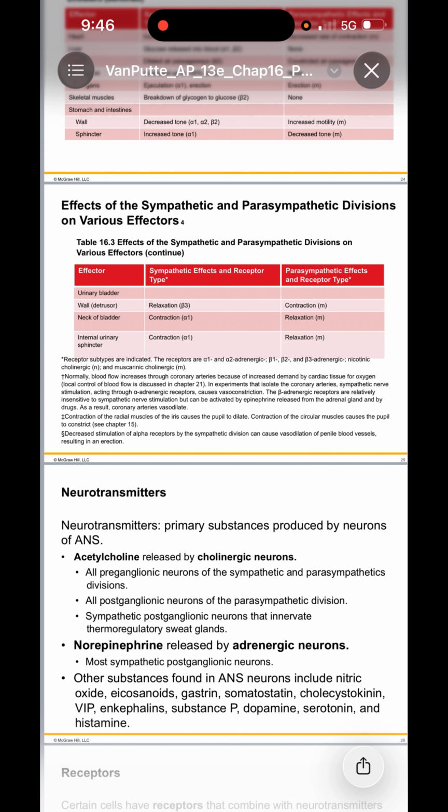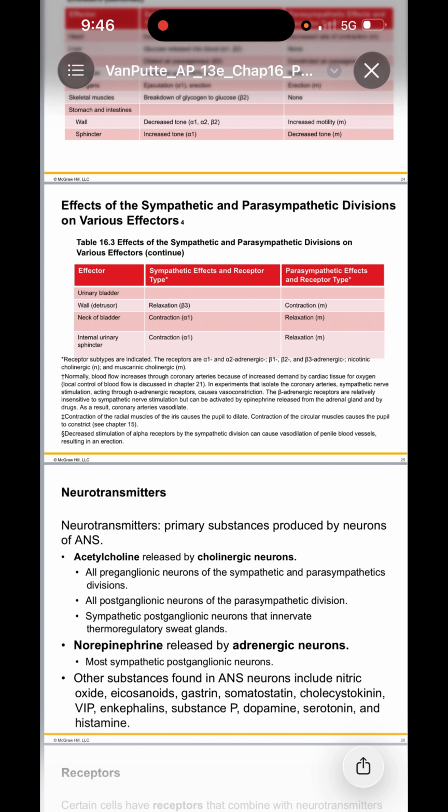Normally, blood flow increases through coronary arteries because of increased demand by cardiac tissue for oxygen. Local control of blood flow is discussed in Chapter 21. In experiments that isolate the coronary arteries, sympathetic nerve stimulation acting through alpha adrenergic receptors causes vasoconstriction.